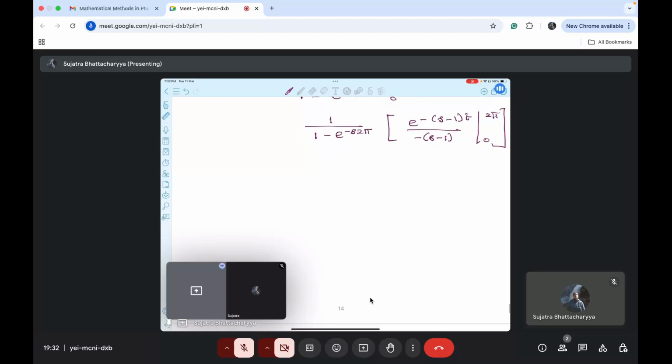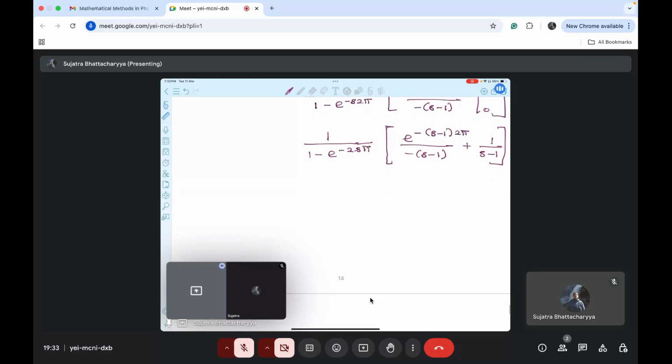Okay, so just put in this integration limit and you have your answer. So e to the power minus (s minus 1) into 2 pi divided by minus (s minus 1), and when you have 0, it will be plus 1 upon s minus 1.